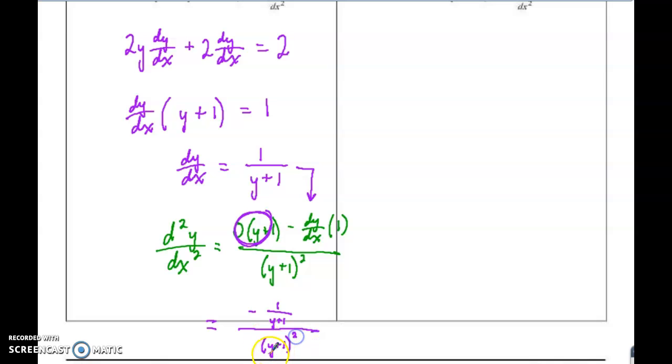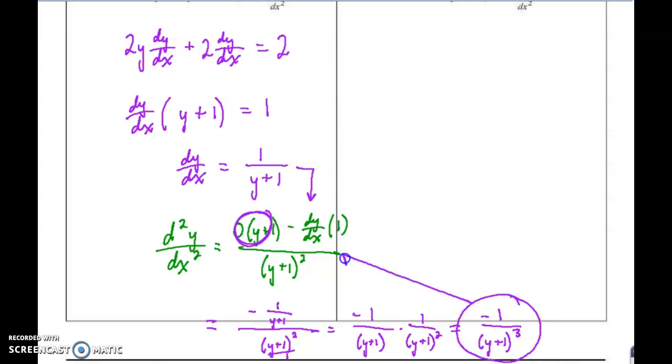Well, if you think about dividing by a fraction, that's the same thing as multiplying by the reciprocal, so negative 1 over y plus 1 times 1 over y plus 1 squared. So this final answer, I know I've gone way over here, is negative 1 over y plus 1 cubed. That's your answer to this problem, the second derivative.